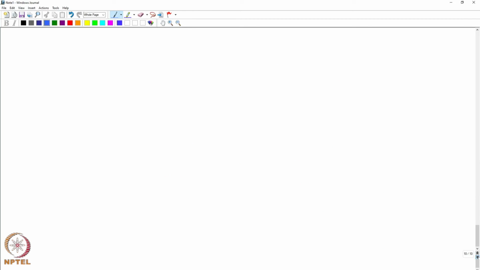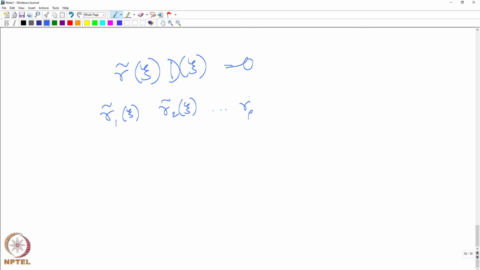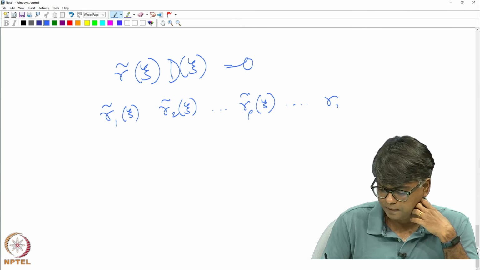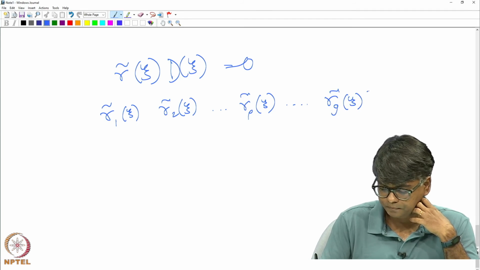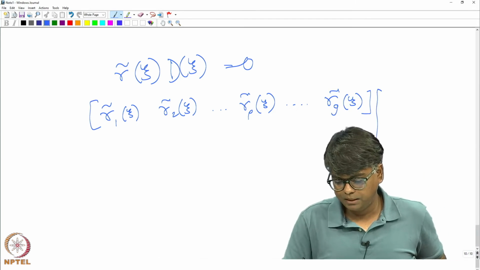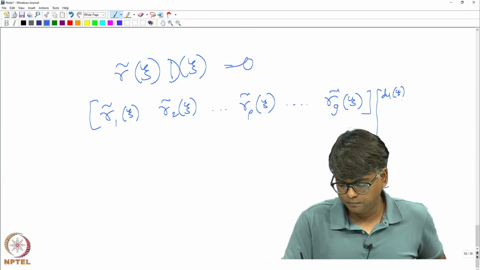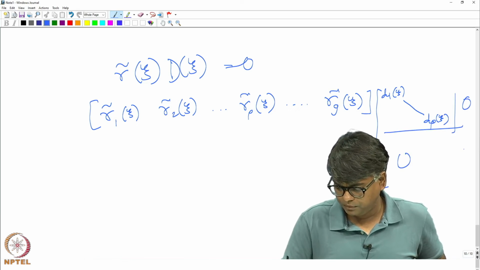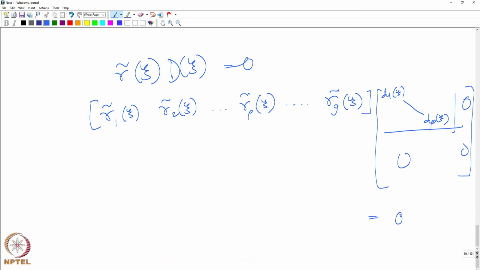But now, look at this: R tilde(ξ) D(ξ) equal to 0, right. R tilde entry-wise, let me write R tilde 1(ξ), R tilde 2(ξ), up to R tilde g(ξ), because there are g rows. This multiplies D1(ξ) up to D rho(ξ), and the remaining entries are filled with zeros, and this product is equal to 0.